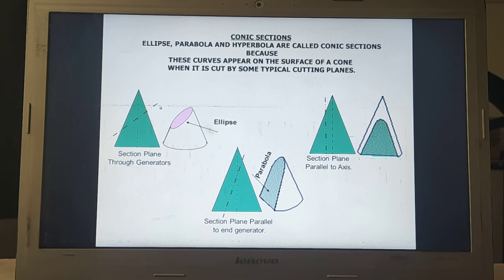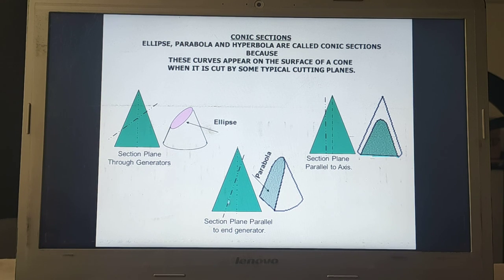If we cut this cone with an auxiliary inclined plane which cuts both generators, at any angle, but it should cut both generators, then whatever cut section we get will be nothing but the ellipse. Are you getting me? So this is how the ellipse is generated.